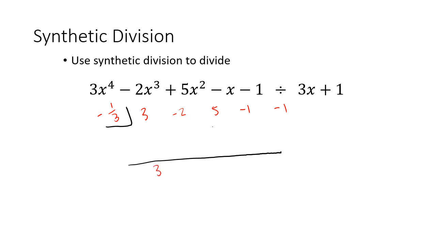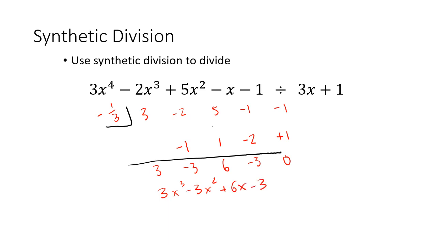So this would be 3, then this would be negative 1, then this would be negative 3, this would be positive 1, this would be 6, this would be negative 2, this would be negative 3, this would be positive 1, so we get 0. So what this tells us then is that this should be 3x cubed minus 3x squared plus 6x minus 3.